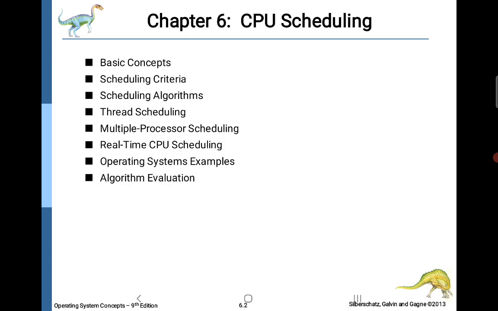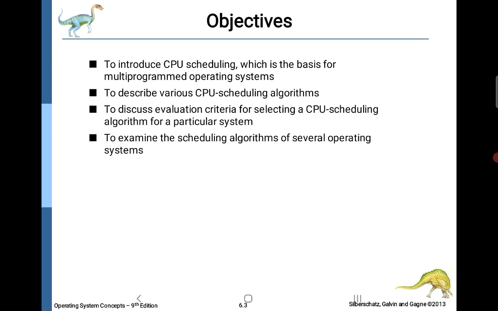In the chapter, we will address the basic concepts of scheduling, what criteria are there in scheduling algorithms, and different scheduling algorithms. The rest of the chapter is not for you. So what are the main objectives of the chapter?